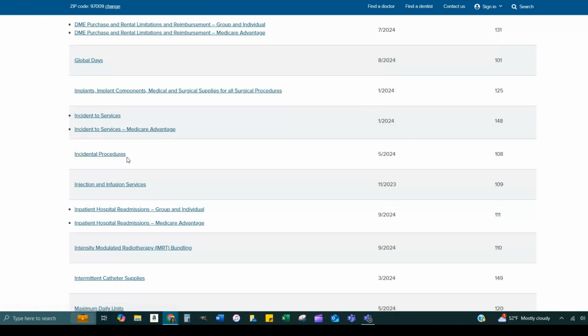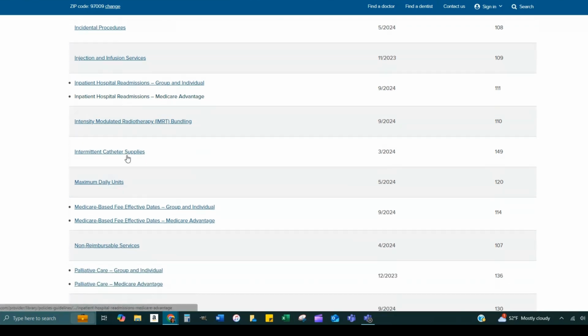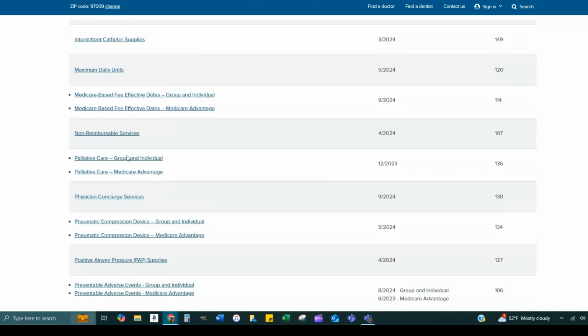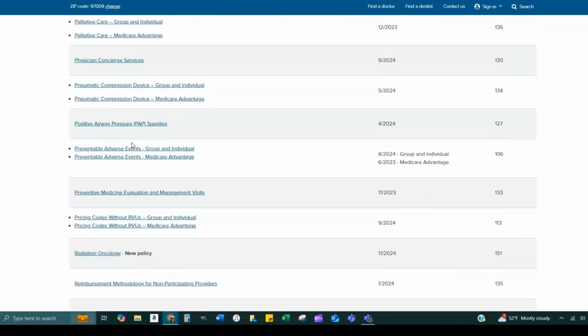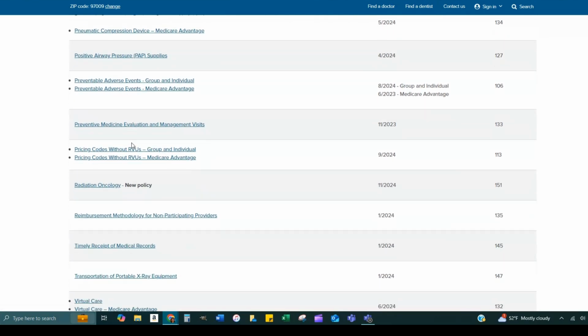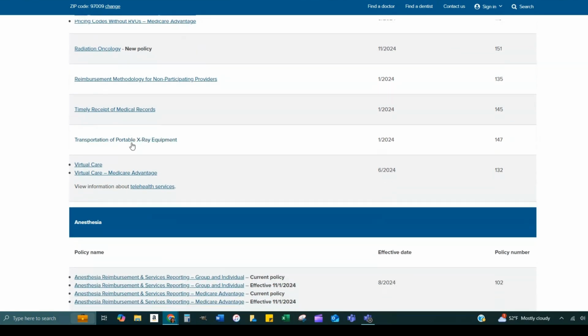Incidental procedures. If you're in billing and coding, a lot of the stuff will make even more sense. And you just keep going down, and it's all alphabetical. Medicare-based fee effective dates, very important. Non-reimbursable services. So if you see, they try to make this very user-friendly. You just have to know where to look and what you're looking for to make it more advantageous for you.